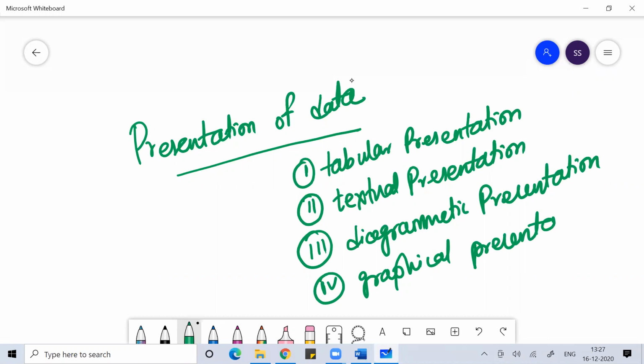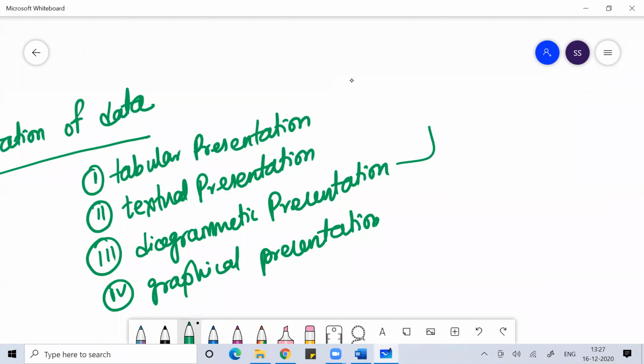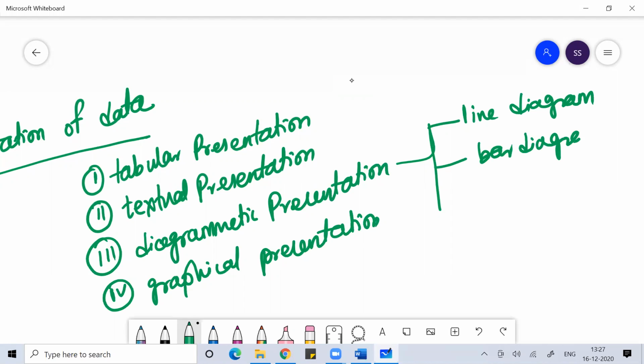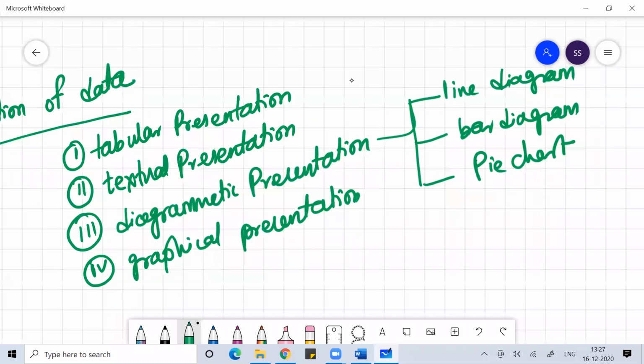In diagrammatic presentation of data, we'll talk about line diagram, bar diagram, and pie chart. These are basically the different forms of diagrammatic presentation of data.